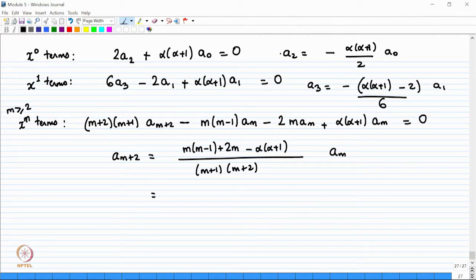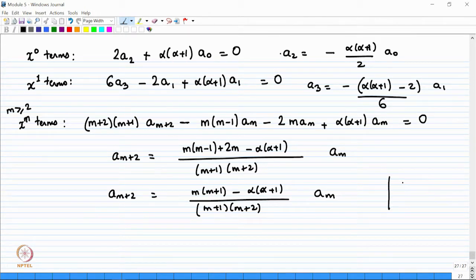So what this looks like is m times m plus 1 minus alpha times alpha plus 1, divided by m plus 1 times m plus 2, times a_m. Okay, so this is called the recursion relation.